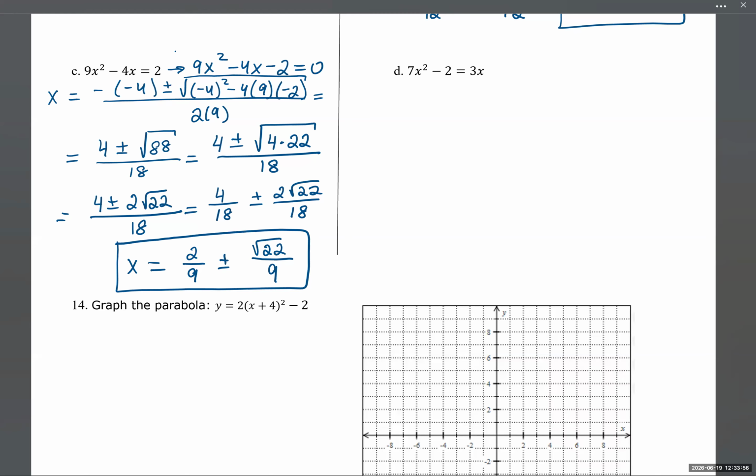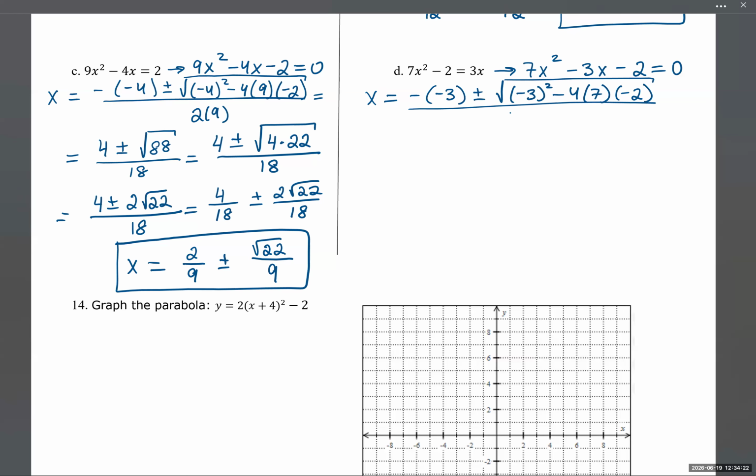And this last one in this set, that's also not in the standard form. So let's go ahead and put it in the standard form. 7x squared minus 3x minus 2 equals 0. Then do the quadratic formula. X equals minus b, minus 3, plus or minus square root of -3 squared minus 4 times 7 times -2, divided by 2 times 7.